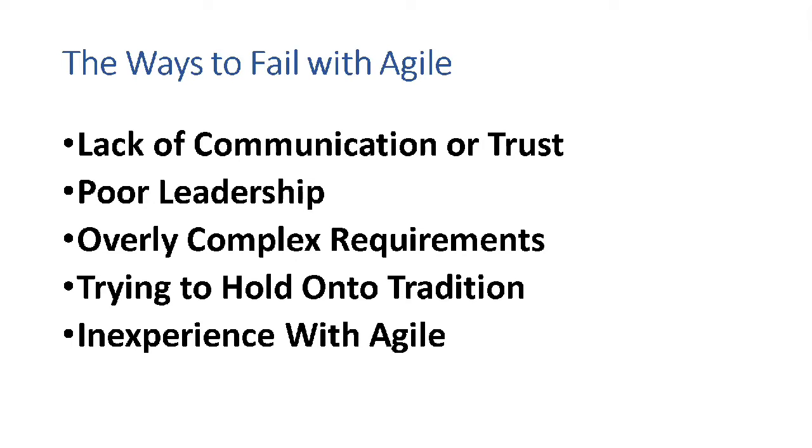So next is the ways to fail with Agile. First is the lack of communication or trust. As with any project, clear communication is vital. The same is true for Agile. There are often large teams within large enterprises. This means it can be difficult for leaders to communicate with all parties.